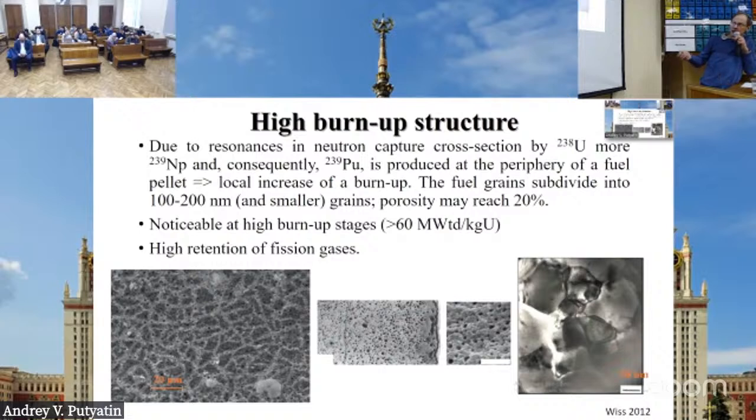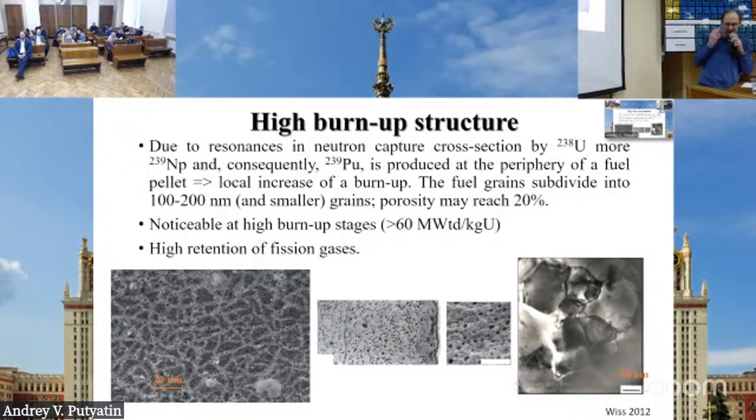In scanning electron microscopy, you see the variations in the pore size and in the structure of the material. This is the center of the pellet, this is the periphery, and you see some kind of a highly granular material. If you look at transmission electron microscopy, you see very, very small grains of uranium dioxide with a lot of newly formed grain boundaries.